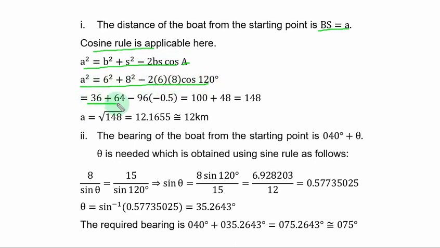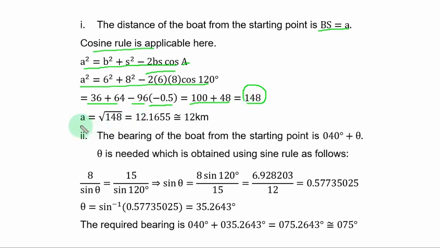So 36 plus 64 minus, if you multiply 2 by 6 by 8, you have 96. Cosine of 120 degrees is minus 0.5. That simplifies to this, and you have 148.